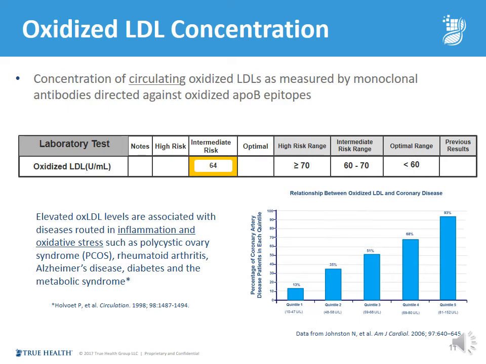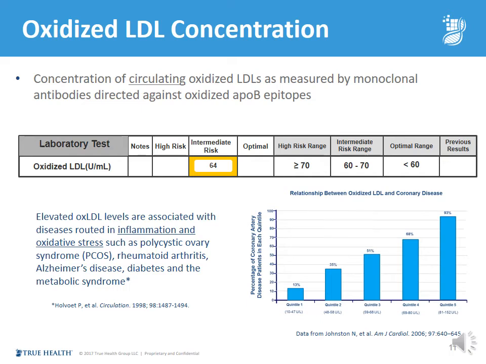Here is depicted the report form from True Health Diagnostics on how a report of oxidized LDL appears. You can see there are optimal ranges, intermediate risk ranges, and high risk ranges.